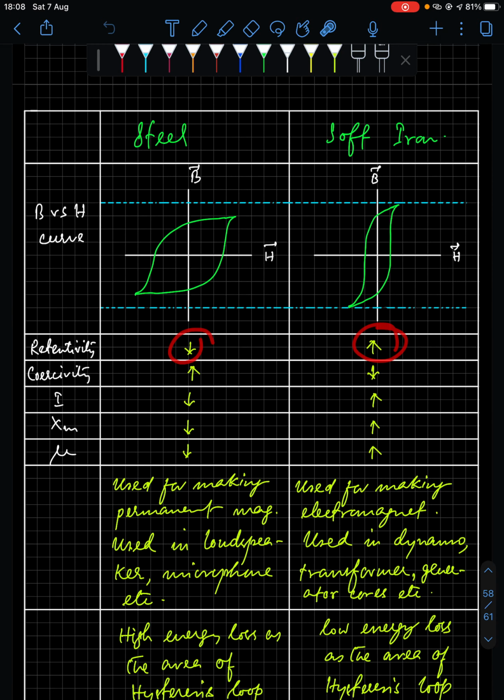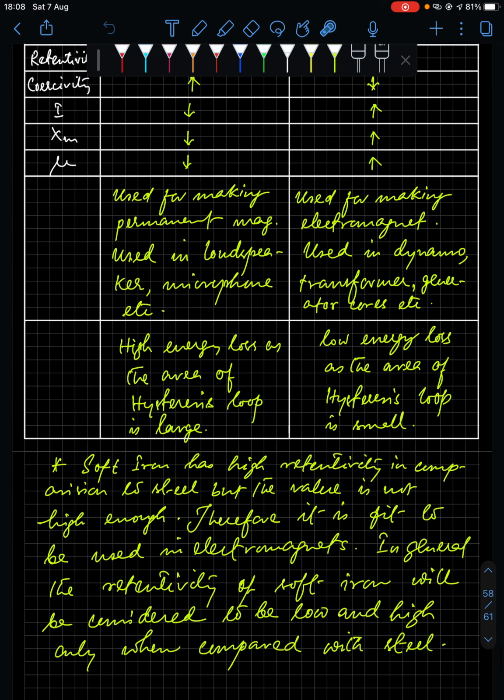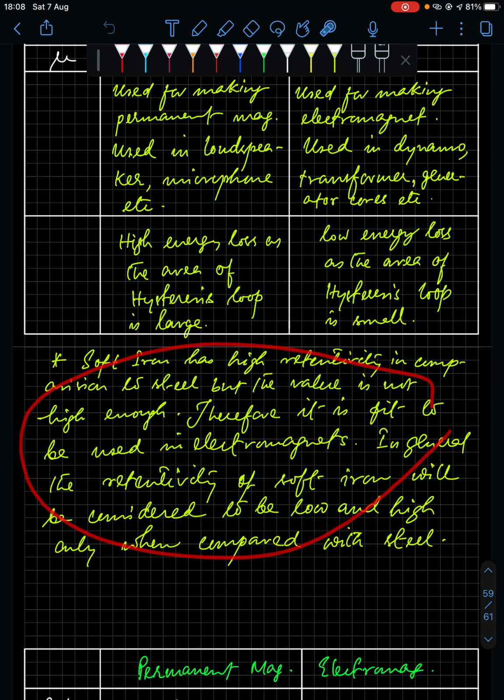Mind it, it is high in comparison to steel, but in general the retentivity of soft iron is also low, and that is the reason it is fit to be used for making electromagnets. On comparison with steel you will say the retentivity for soft iron is high, but in general this value is low, and therefore it is fit for manufacturing electromagnets.